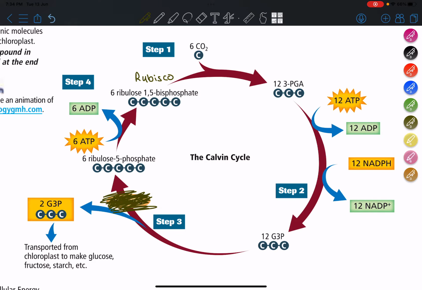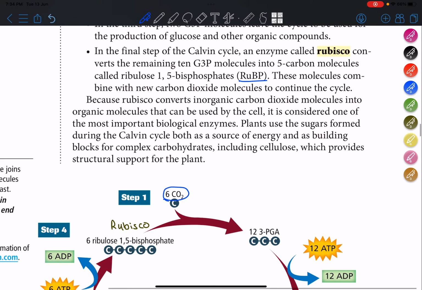So what is the step that they didn't tell me about? They said the 6 carbon dioxide will combine with 6 5-carbon compounds. What are these 5-carbon compounds? They just said 6 5-carbon compounds. What are they? Actually, what happens is the Calvin cycle produces these 5-carbon compounds, which are RuBP.